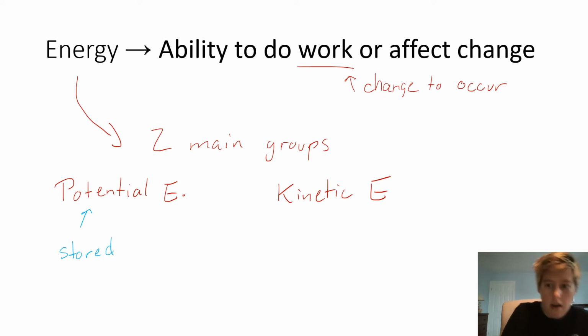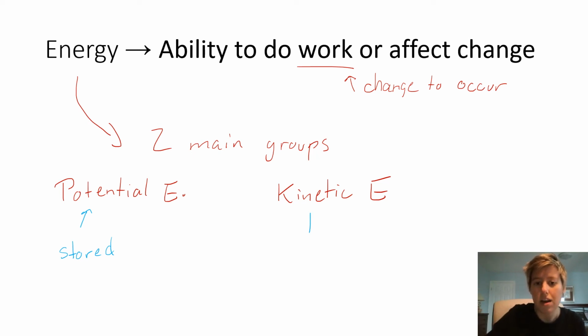Just like the word says, potential meaning the possibility of something to happen. So potential energy is any energy that is stored within the object. Examples, and we're going to be talking about them in a lot more detail: chemical, nuclear, elastic, all of these are forms of potential energy because it's stored ability. It's not being used at the moment, but it's stored within the object.